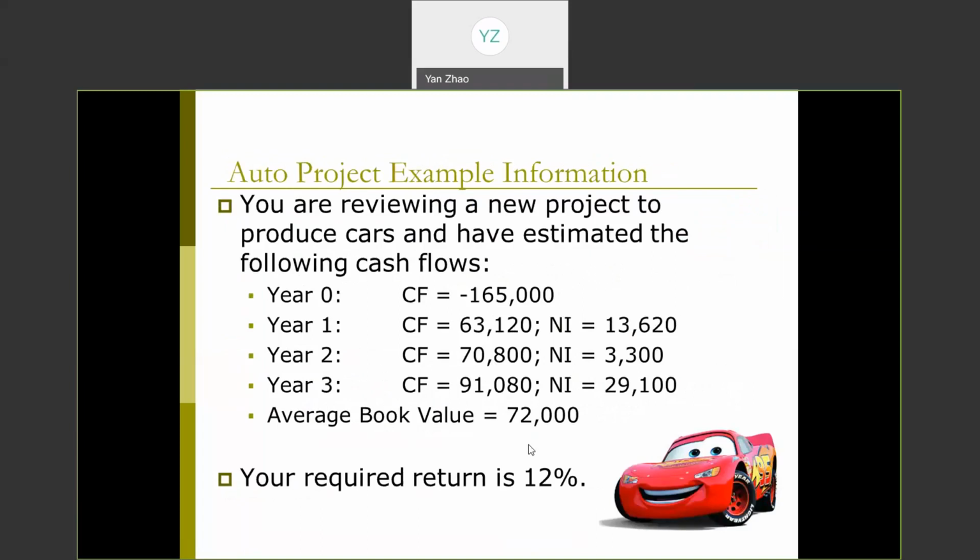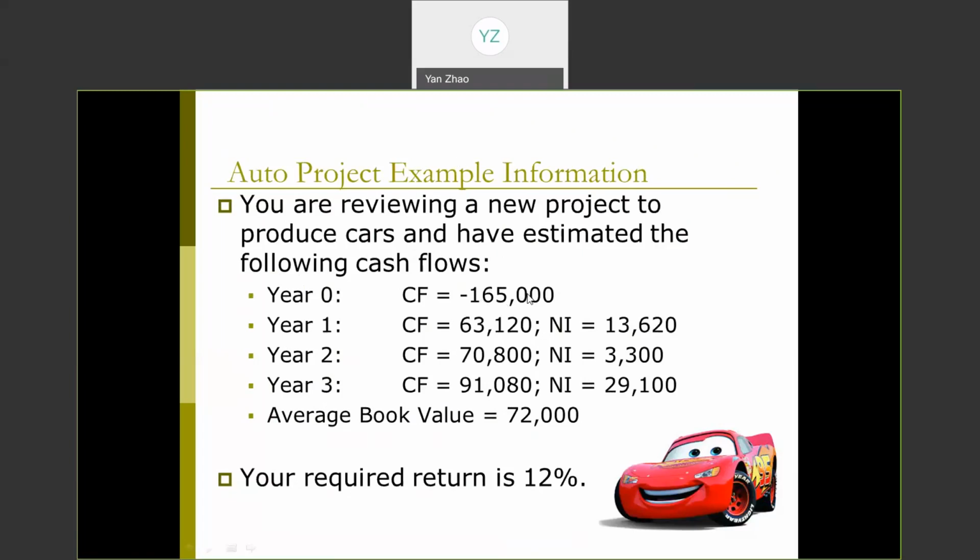Because net incomes do not reflect the true cash flows. For example, when you calculate the net income, you have to consider the depreciation. Depreciation is an accounting number. Although you can deduct depreciation from your net income, that depreciation is not a real cash outflow, because you already paid the cash at year 0 when you made the investment.